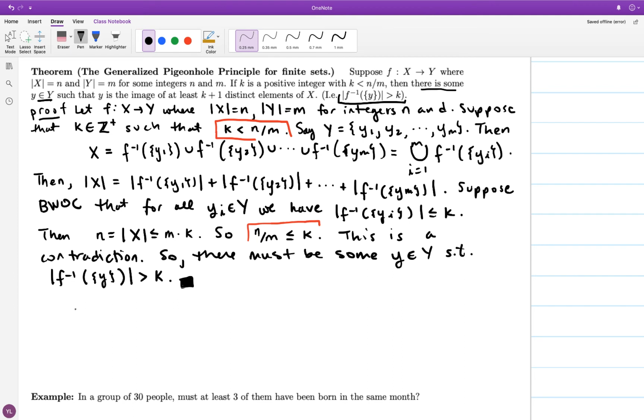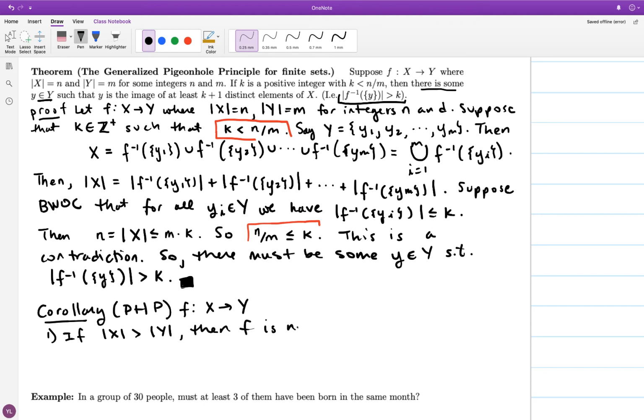Okay, and how does the original pigeonhole principle follow as a corollary? So this is the original pigeonhole principle. At least let's do part 1. If the cardinality of X is greater than the cardinality of Y, then f is not one-to-one. Well, let's go ahead and let the cardinality of X be n and the cardinality of Y be m.